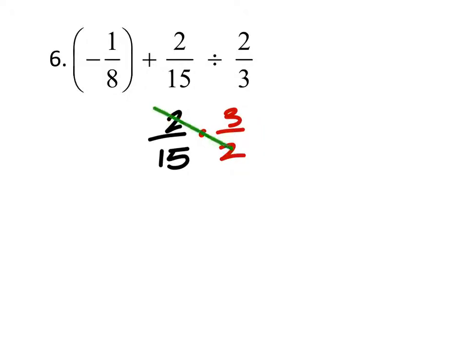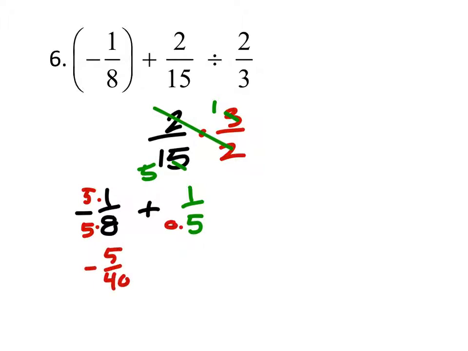And the 2's cancel out, and then the 3 and the 15 simplify to 1/5. So we end up with just a 1/5. And we got -1/8 plus that 1/5. Well, now we're looking at adding fractions, and we need common denominators here. Looks like the denominator we need is 40. So I'll multiply the 8 by 5 and the 1 by 5, giving us -5/40.